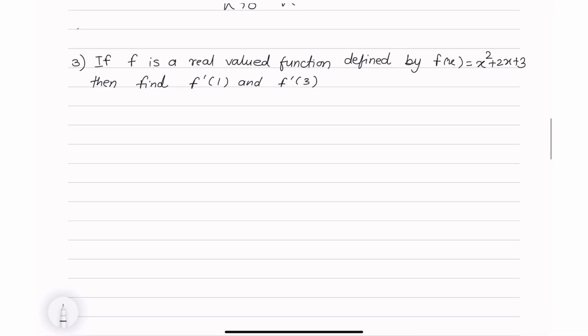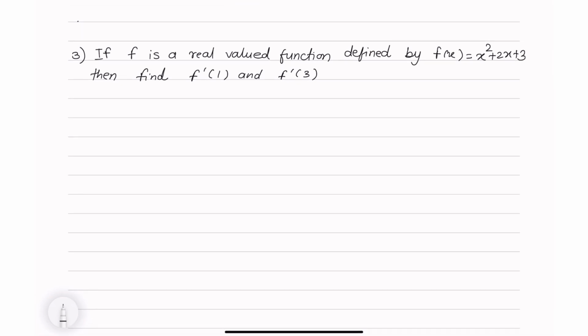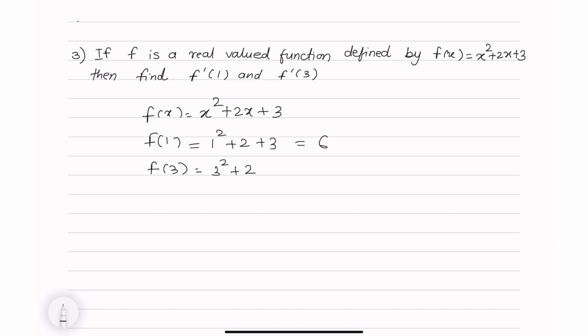The next problem is: if f is a real valued function defined by f of x is equal to x square plus 2x plus 3, then find the derivative at 1 and 3. So f of x is equal to x square plus 2x plus 3. f of 1 is equal to 1 square plus 2 plus 3, which is equal to 6. f of 3 is equal to 3 square plus 2 into 3 plus 3.